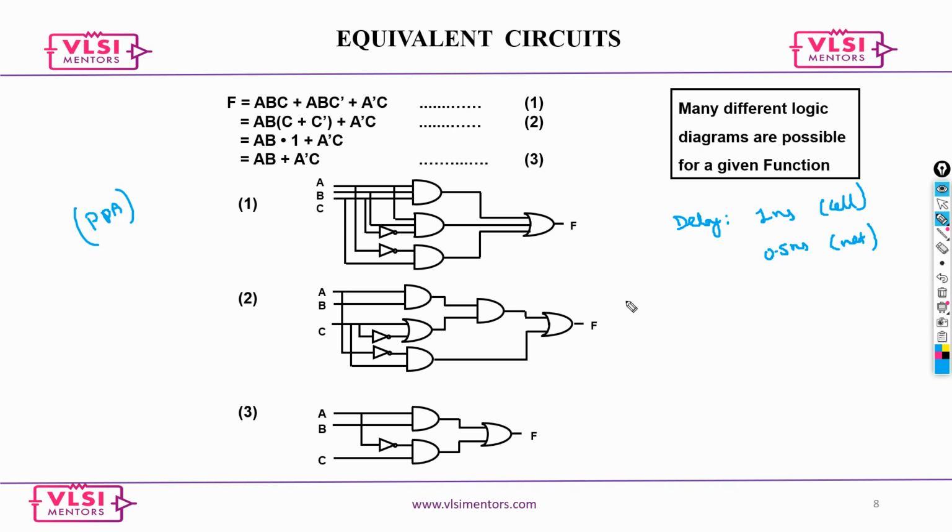What would be the overall time? I have three circuits which are all the same thing. Which one would you choose in terms of delay? Which one will have a lesser delay? Next, which one will have a lesser area? Which one will have a lesser power?